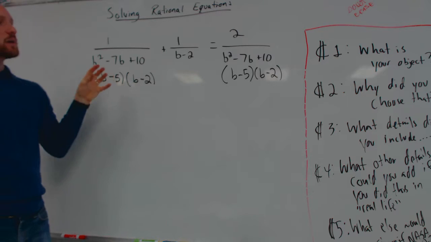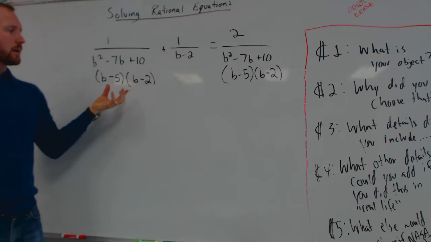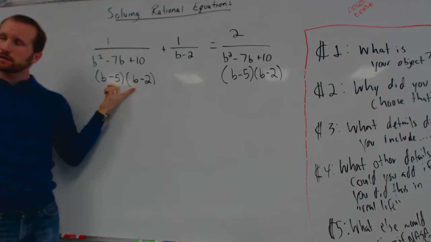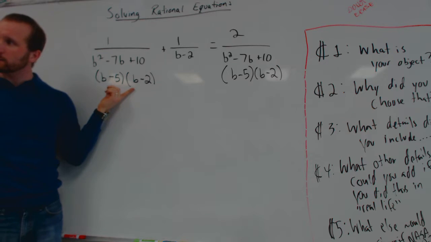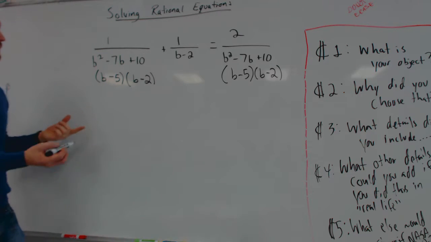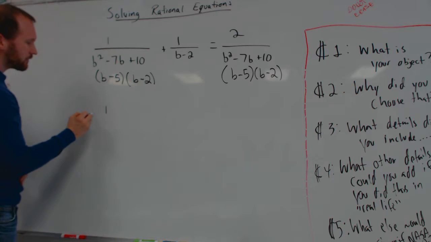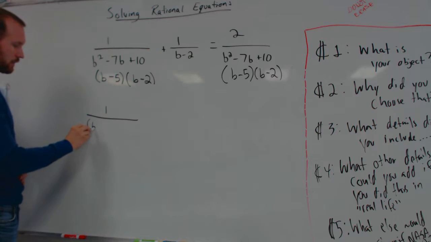So my lowest common denominator is b minus 5 times b minus 2. So I'm going to rewrite this. What I really have here is this.